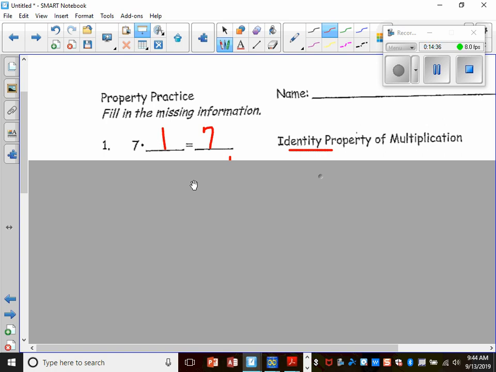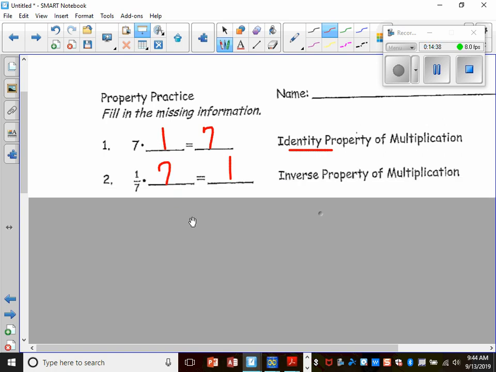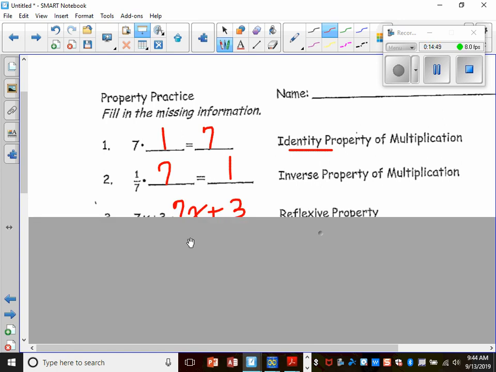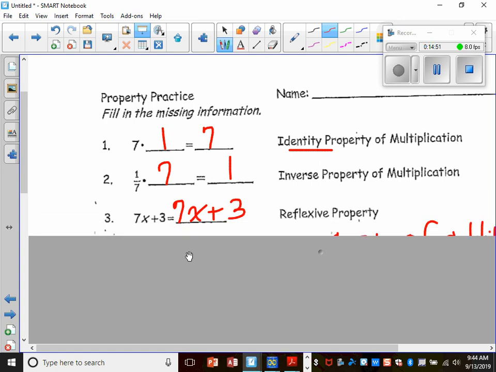You multiply by 1. Number 2, the inverse property of multiplication means you are multiplying by the reciprocal. The reciprocal of 1/7 is 7. Number 3, remember I said equal to yourself. So this side has to be exactly like this side for our reflexive property.